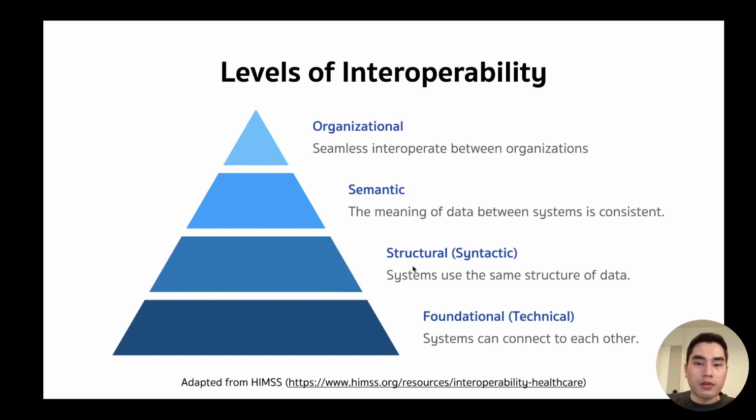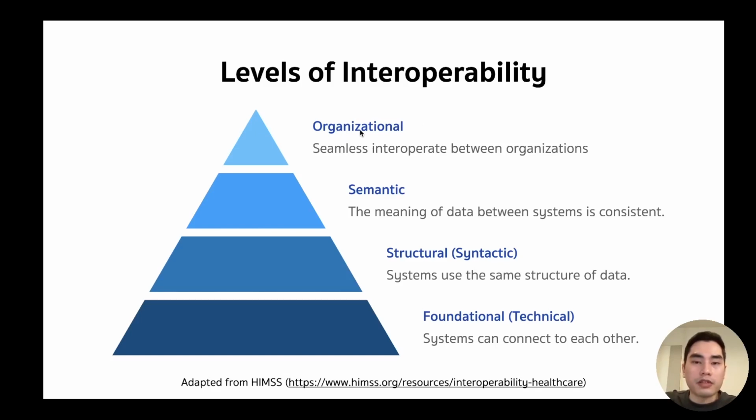Then the next layer is structural, or we can call it syntactic, which is when the systems use the same structure of data. After that is the semantic. Semantic interoperability is when different systems understand the meaning of information in the structure the same way. If it's the same information, it's the same thing. Most of the time, this is achieved by using some sort of code or vocabulary.